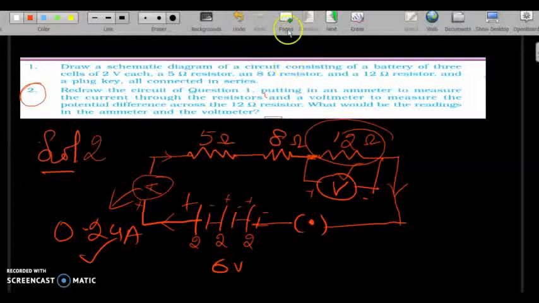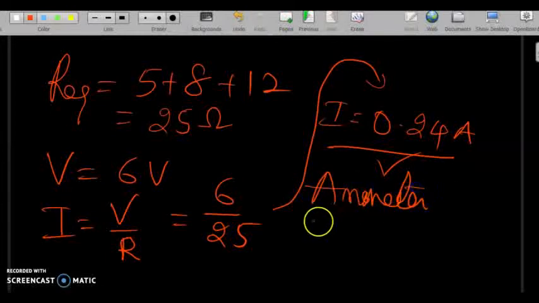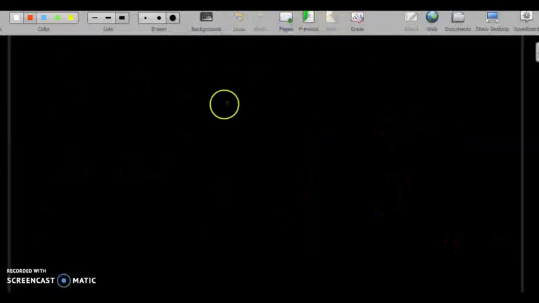So this is the ammeter reading, which is equal to 0.24 ampere. Now we'll calculate the next one.